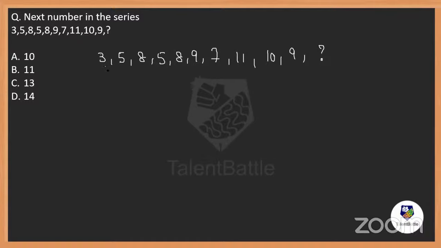Actually, if you go in the straight order, it will not give you anything. +2, +3, and again -3, and again +3, and then +1, and then -2, and here it is something like +4, and here it is -1, then again -1. So this is not complete logic. So actually what happens here is, in Accenture, this is a little more.